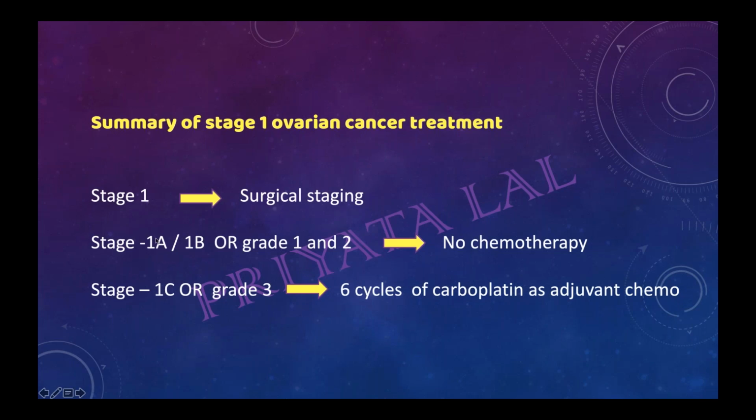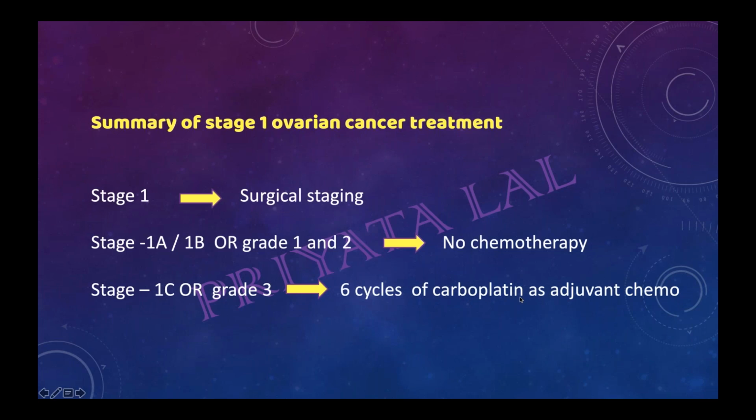If you get stage 1A, 1B or grade 1 and 2, then the patient only has to be followed up. No chemo is given. But for 1C or grade 3, 6 cycles of only carboplatin is given.